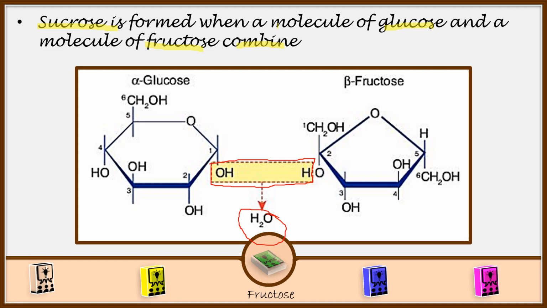So we shall form a bond between this oxygen here and the carbon atom here, and there we shall form a glycosidic bond. Now the two molecules will be joined together by a glycosidic bond, which is a 1,2 glycosidic bond. And now it is our sucrose molecule.